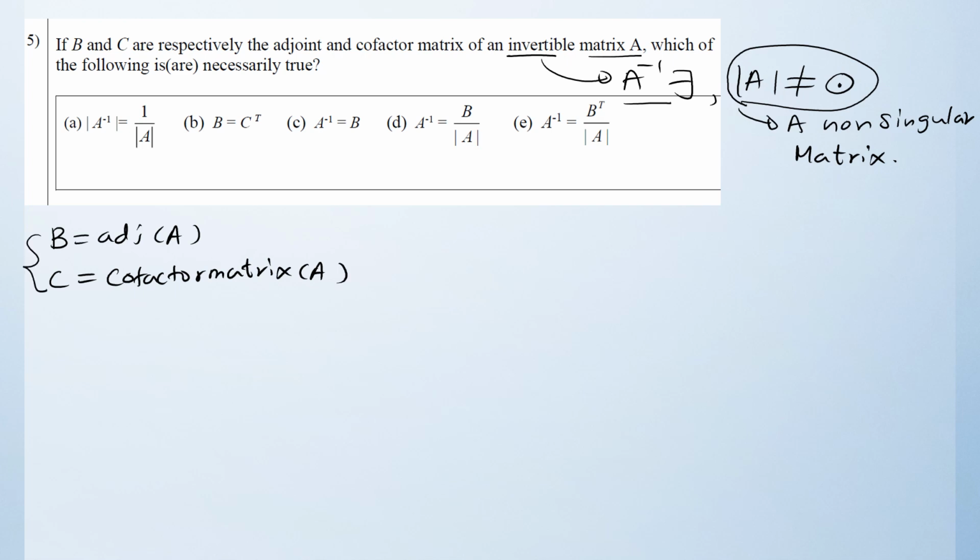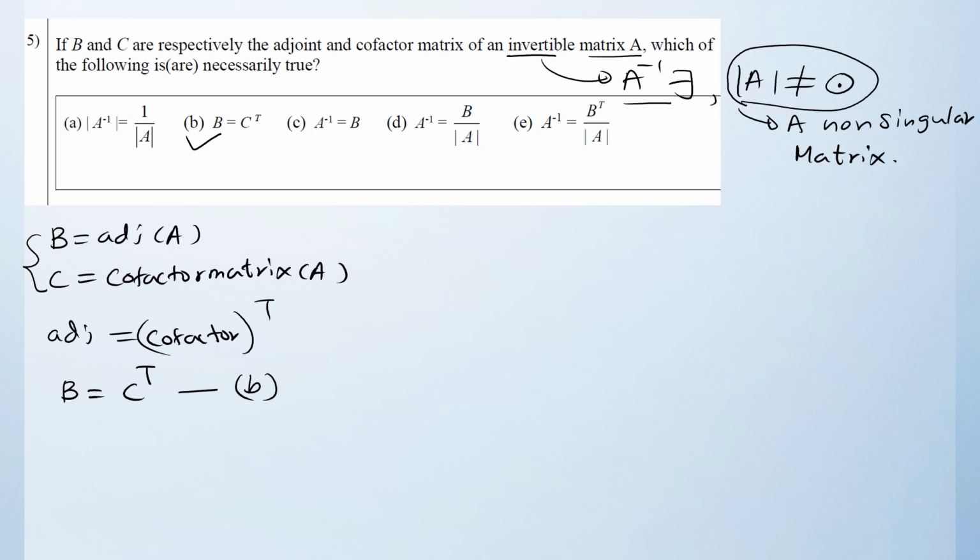We know that the adjoint is the transpose of the cofactor. So B is equal to C transpose. This is choice B. So B is correct.